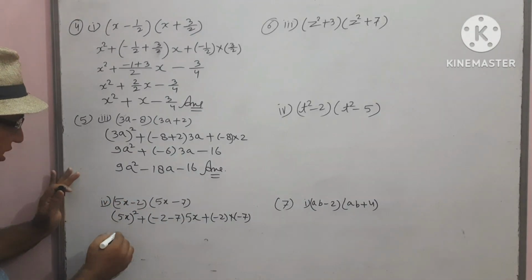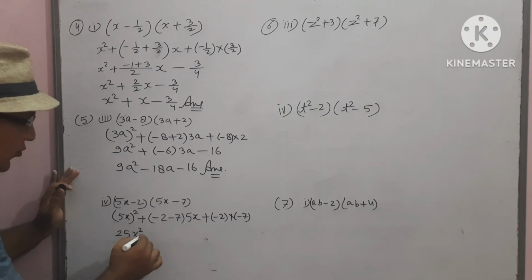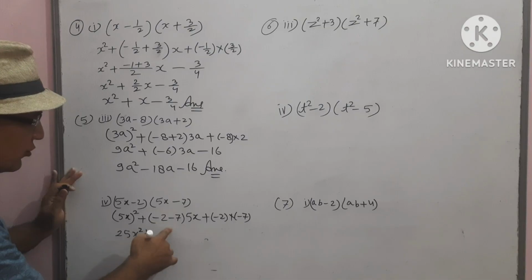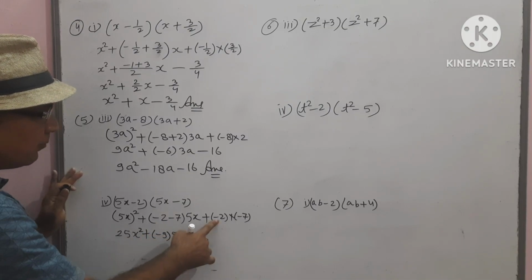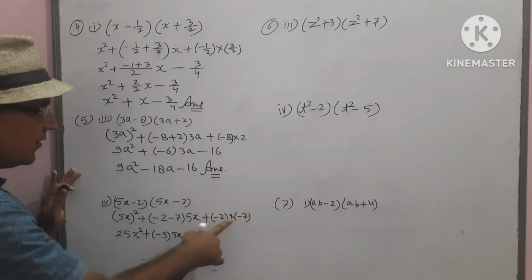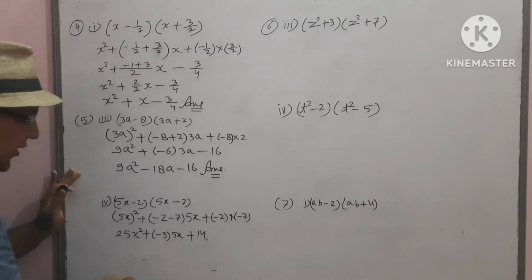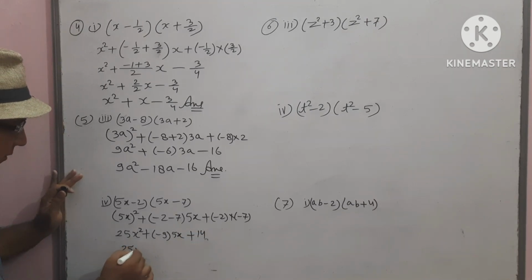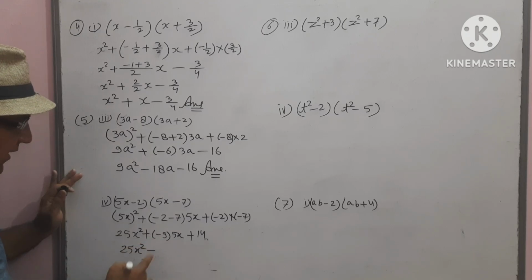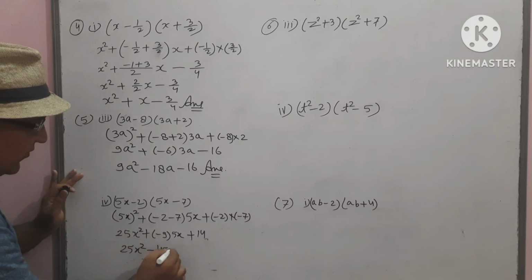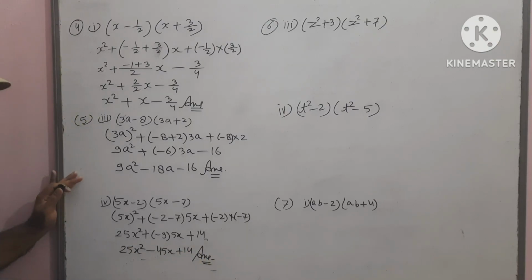Then in the second step you will calculate it. 5 square is 25, then x square plus minus 2 minus 7 becomes minus 9, 5x. Minus into minus becomes plus. Plus is multiplied by plus becomes plus. 2 into 7, 14. Now open this bracket. 25x square plus into minus becomes minus. 9 into 5 is 45. So this statement is your answer.